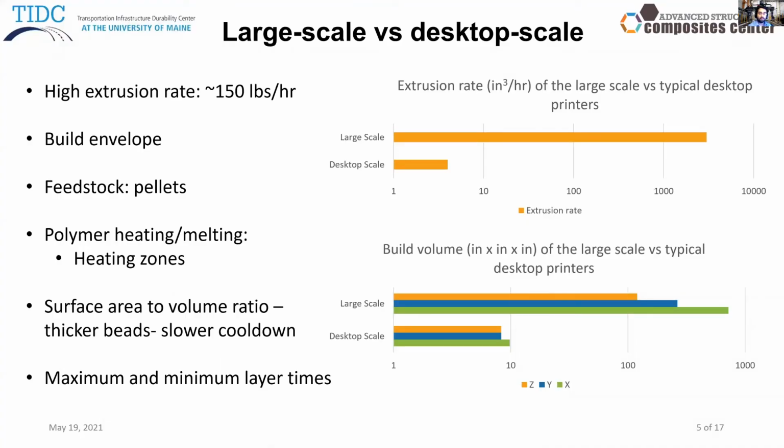Comparing large-scale versus desktop-scale 3D printing, we can see that the extrusion rates in large-scale 3D printing is much higher. The build envelope is also much bigger. Pellets are used as feedstocks in large-scale 3D printing instead of filaments, which makes retraction difficult and seams at start and end points of extrusion more prominent.